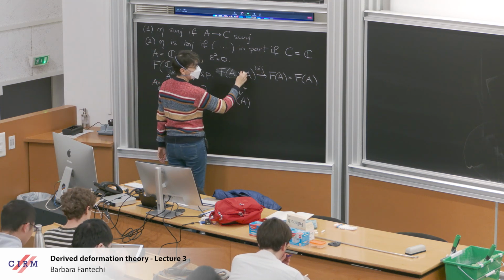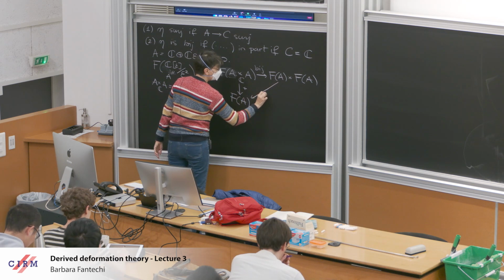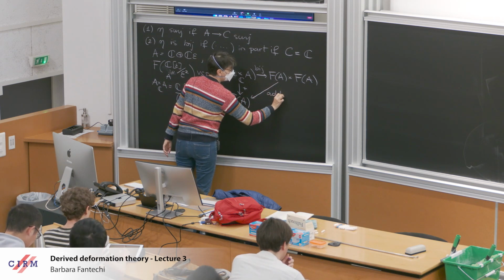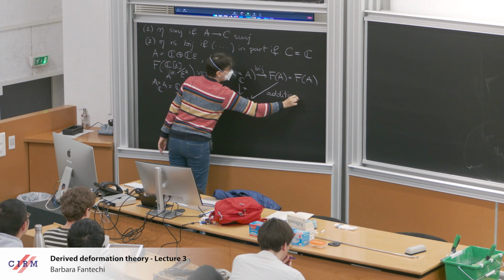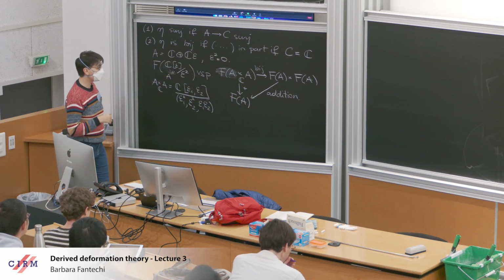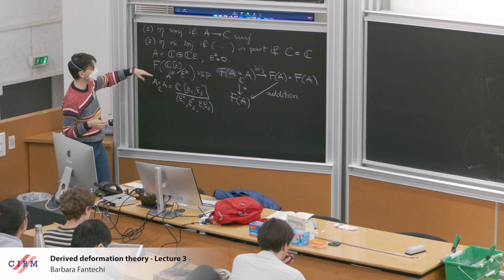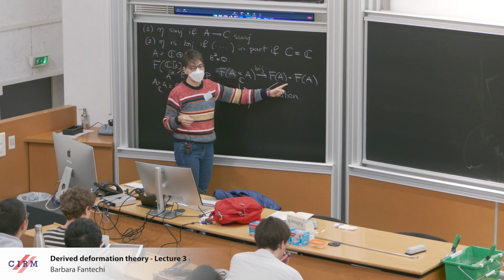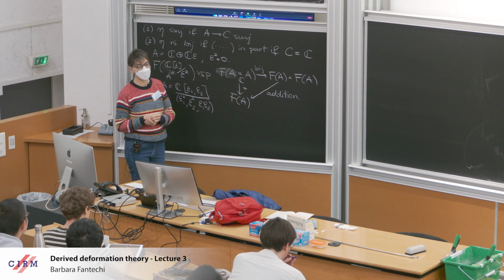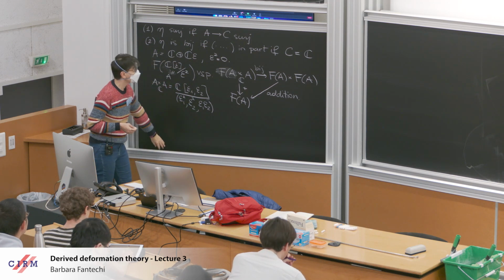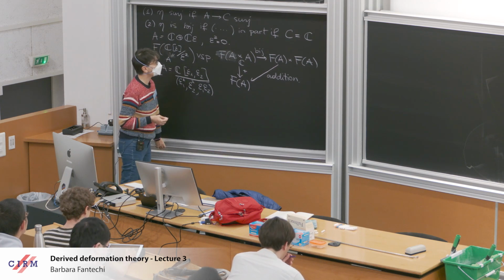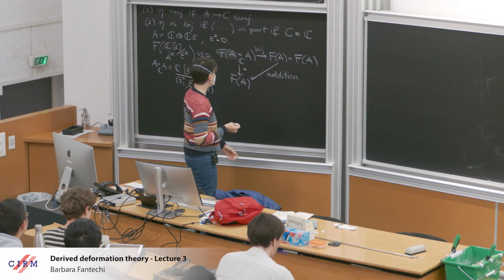Now this is bijective, so I can invert it, and this is the addition. We already defined the 0 and the scalar multiplication, and the other Schlesinger assumption is that this tangent space be finite dimensional. I am slightly cutting some corners, but basically that's the idea.